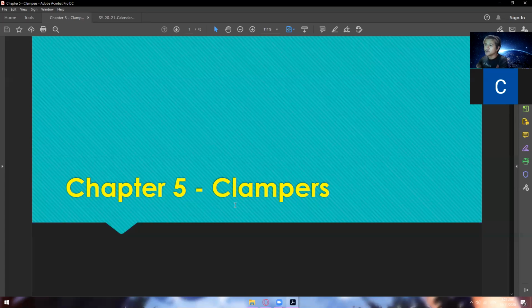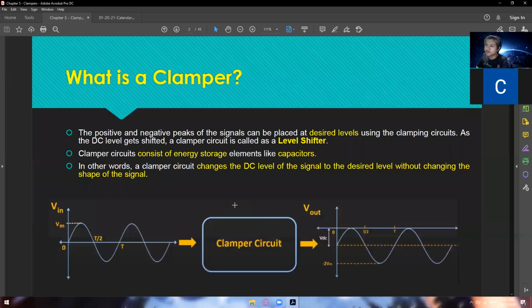So first question is, what is a clamper? A clamper is basically a circuit that will shift your signal into a positive side or negative side without changing the shape of the signal.